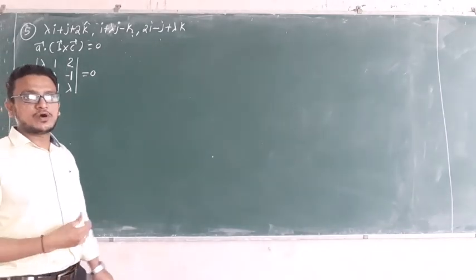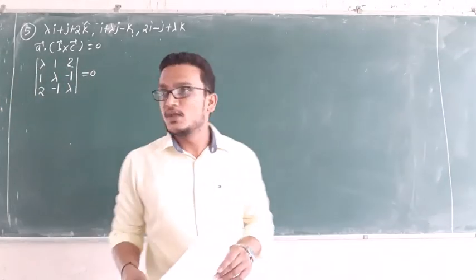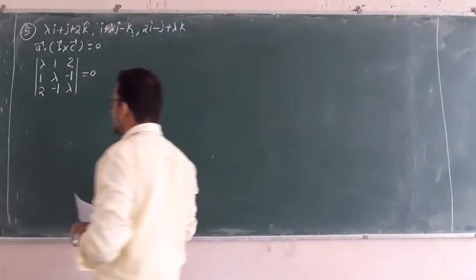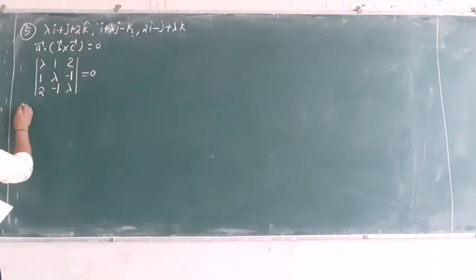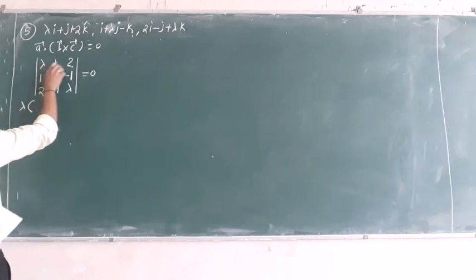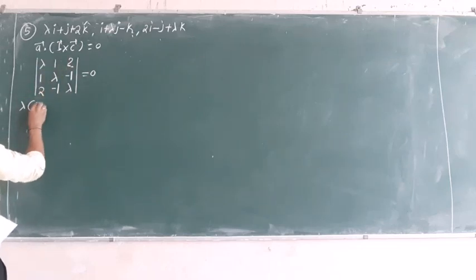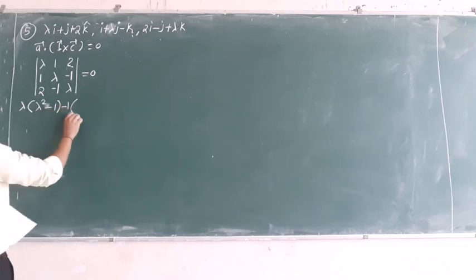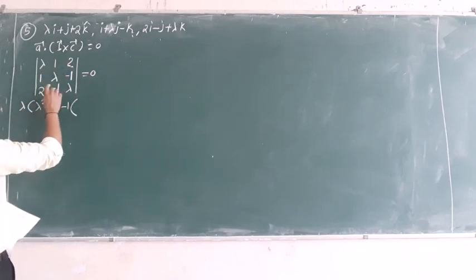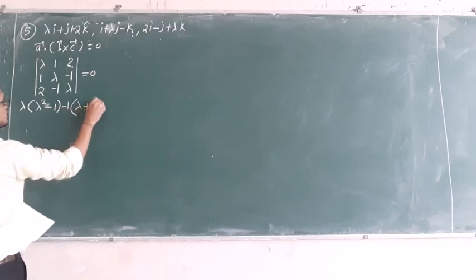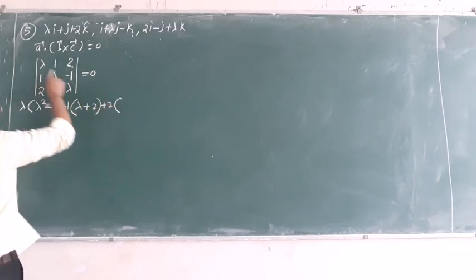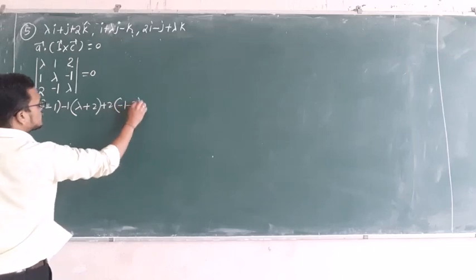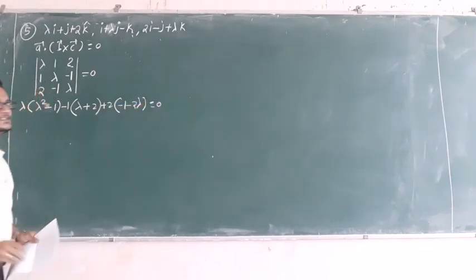Now you know how to do this. We have to simplify. We have to expand this with the first row. So expansion is lambda into, leaving the first row, first column, lambda square minus 1, into, leaving the first row, second column, lambda plus 2, and plus 2 into, leaving the first row, third column, minus 1 minus 2 lambda, which is equal to 0.